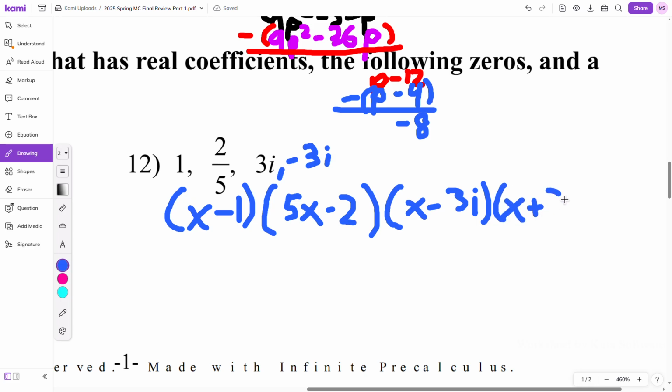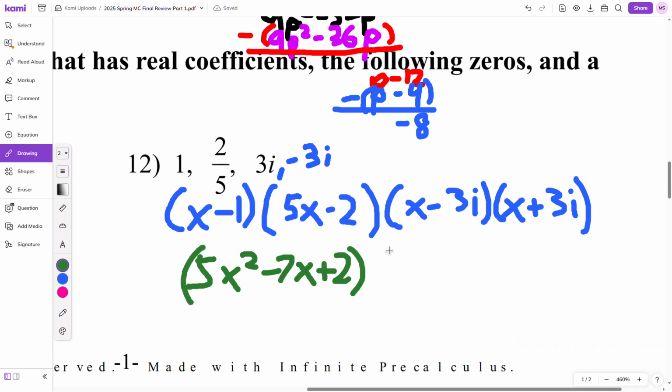And what I actually told my previous period, I'll tell you the same thing. And why don't I do this? I'm going to multiply these two right here. So that's 5x squared minus 7x plus 2. That's those first two. What happens when you multiply these is you get x squared plus 3. And that's not the difference of squares, it's the sum of squares.